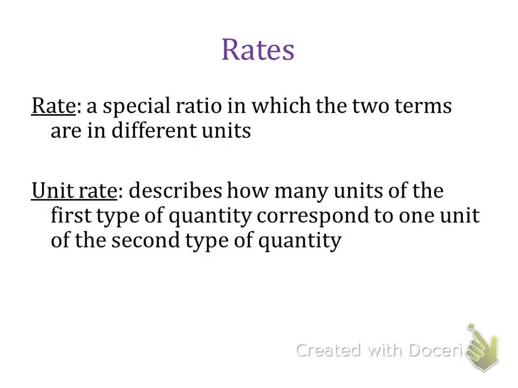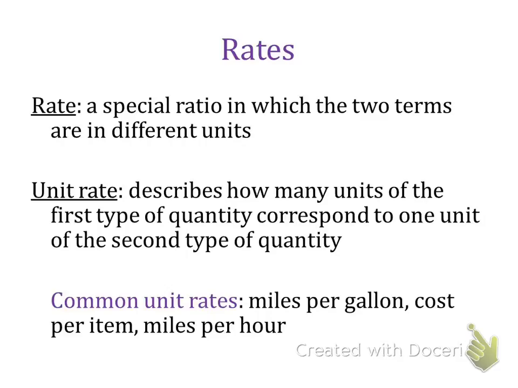So unit rate is how many units of the first type quantity corresponding to one of the second type, like $2.49 per gallon. That's per 1 gallon. That's a unit rate. Every pencil costs $2. That's a unit rate. $2 per pencil. These are some common unit rates.